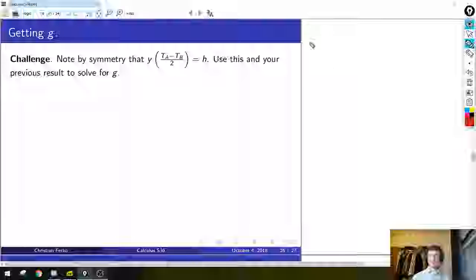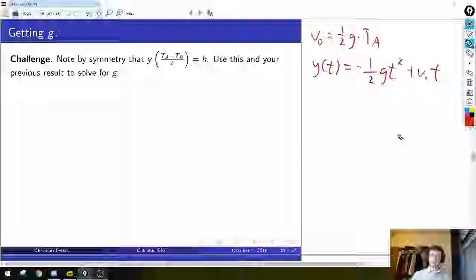And we also know the previous result, which is v naught is 1/2 g times t sub a. And again, I'm going to reproduce our favorite dynamical equation here that gives us y at each time: y equals minus 1/2 g t squared plus v0 t. Okay, so now I'll ask you, what should I do? How can we combine these ingredients to solve for g as we wanted?